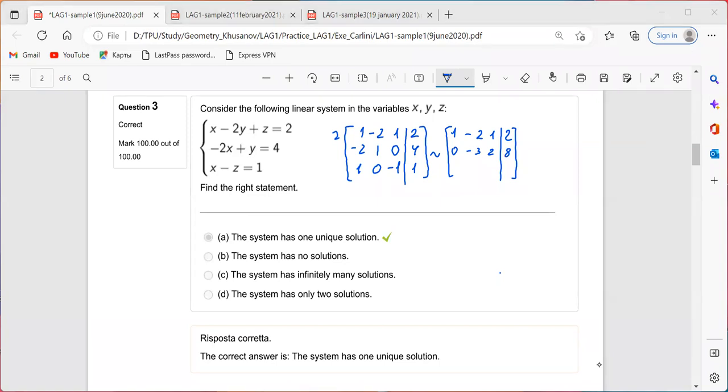Okay. Then our goal is to reduce this matrix to the reduced form, so we have to consider the third row's first element. How can we convert this element to 0? We have to multiply the first row by minus 1 and add to the third row. So we will obtain 0 here.